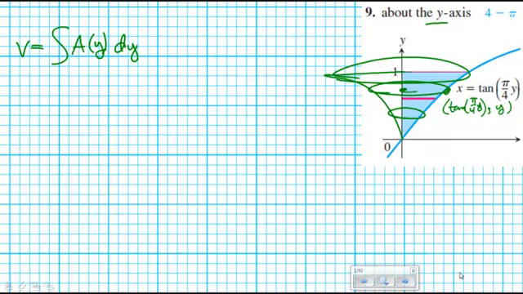Or the distance from here to here, which is measured horizontally, is going to be that value, tangent of pi over 4 times y. If that's my radius, it seems to me that my area is going to be pi times that value squared.